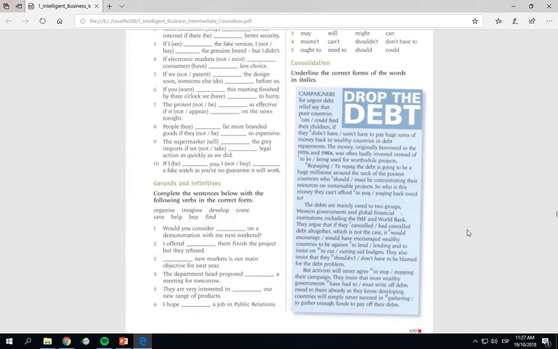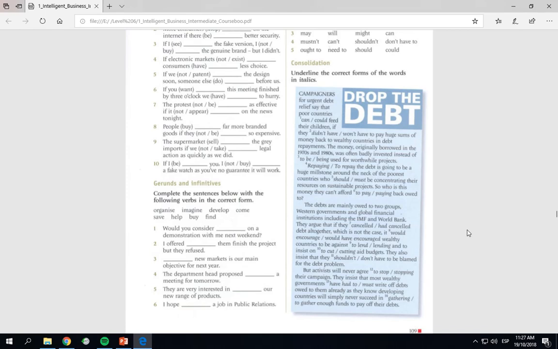Repaying the debt is going to be a huge millstone around the neck of the poorest countries, who should be concentrating their resources on sustainable projects. So who is the money they can't afford to pay back owed to?